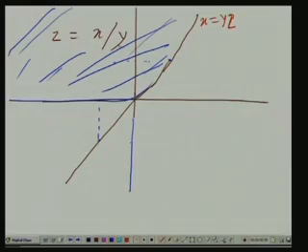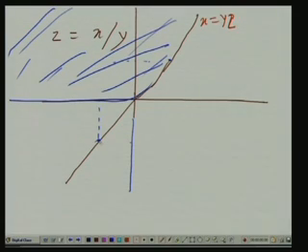So the x by y ratio is in any case positive because both x and y are negative here, but the value becomes higher than capital Z. On this line I had some x and y, both negative, because Z had to be positive, so x by y remains capital Z. Now, holding y fixed, if I move x further to the left, x is becoming more and more negative, but the fact that it is negative does not matter, because y is also negative.